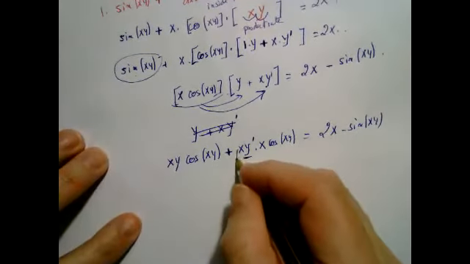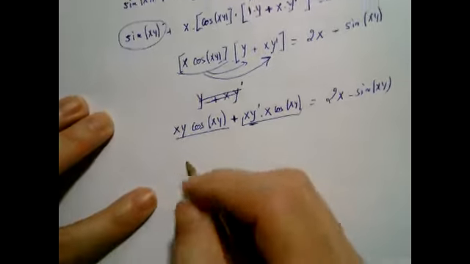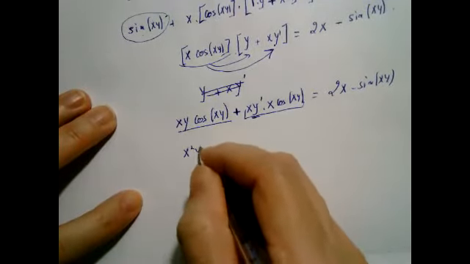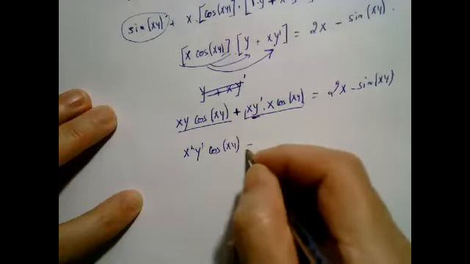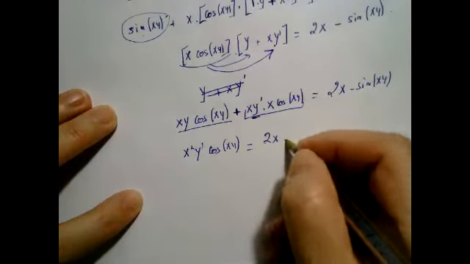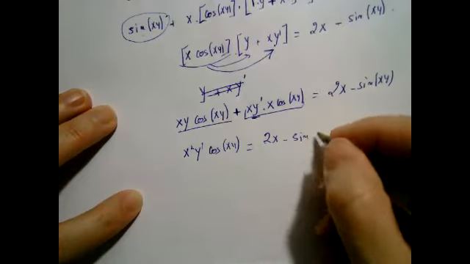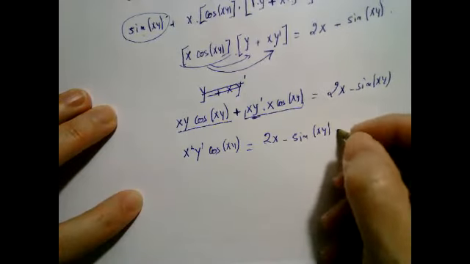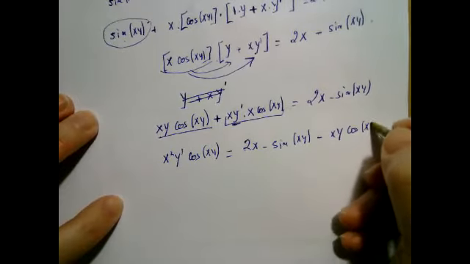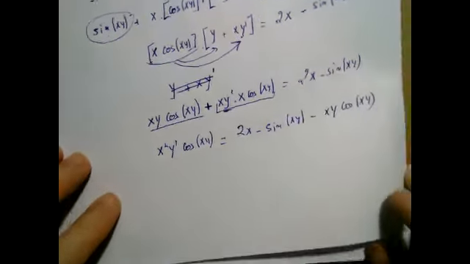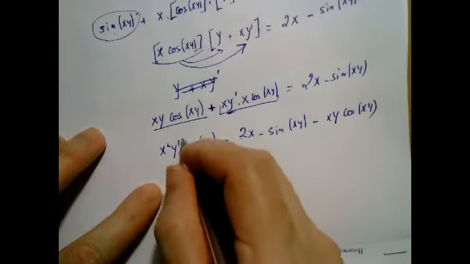I need y prime. I have to take away that, so I will get x squared y prime cosine xy equal to x minus the sine of xy minus xy cosine xy. And now the last step is isolate y prime.